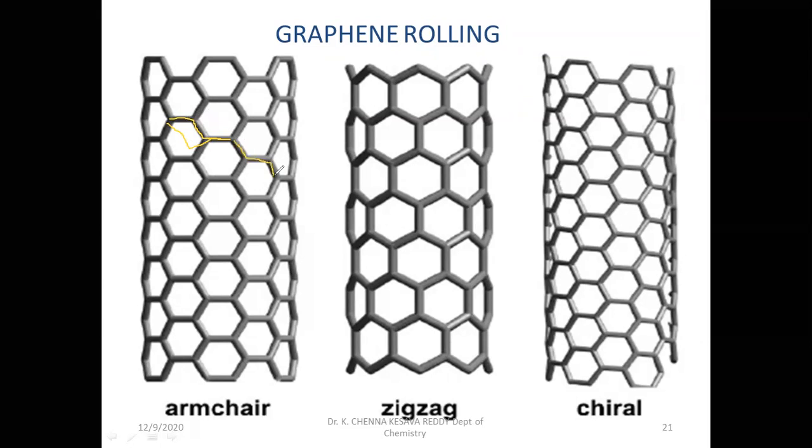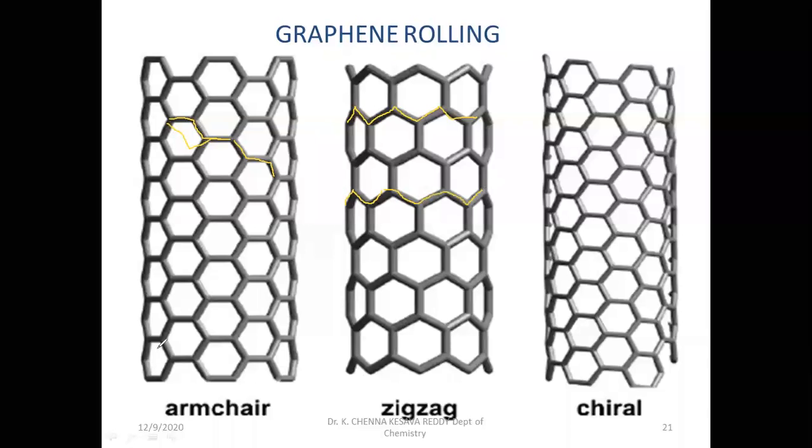Since it has the armchair structure, this is the armchair carbon nanotube. The second one is the zigzag carbon nanotube. You see that the carbon atoms are arranged in a zigzag manner. That is what a zigzag carbon nanotube is.